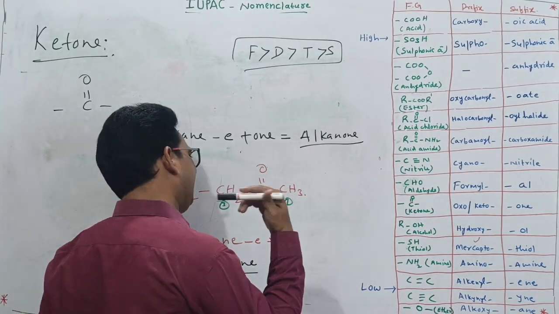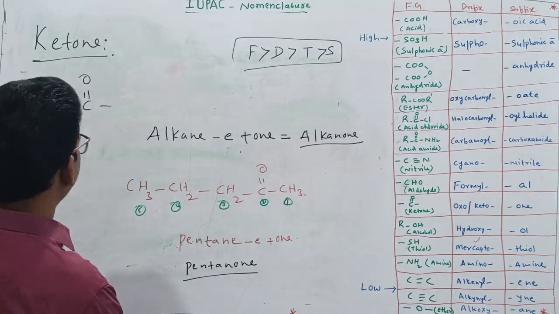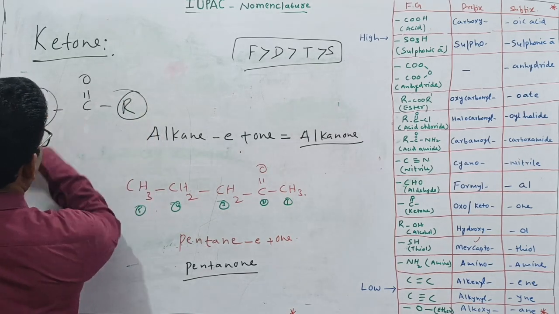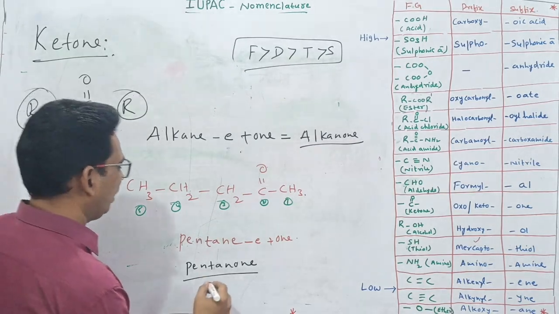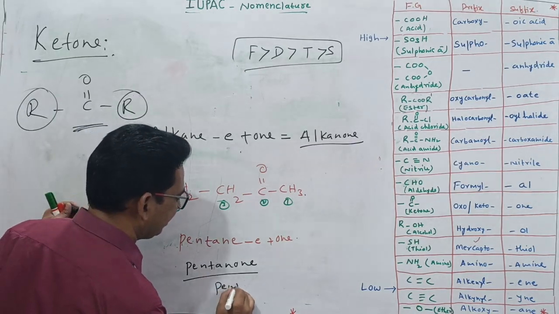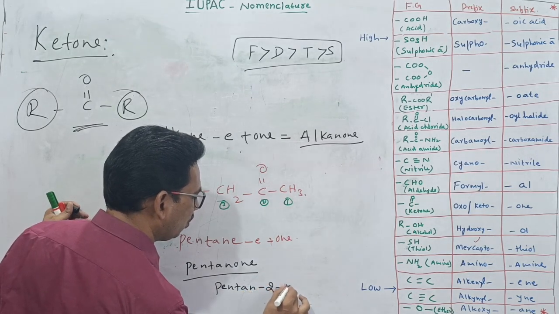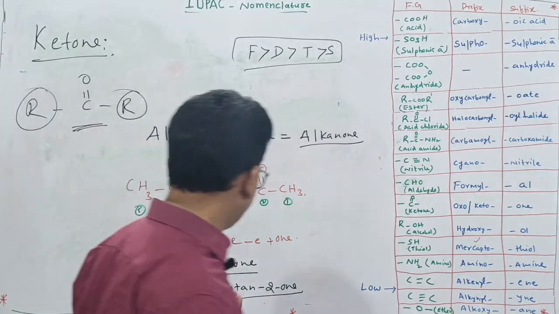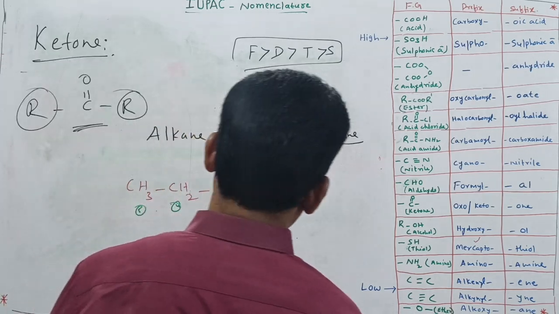Pentanone also gives the same meaning, the ketone will be at the second position. Why? RCOR, here also carbon and here also carbon, that's why it is called a ketone. You can write pentanone or pentane-2-one, both are the same. Pentanone, okay.